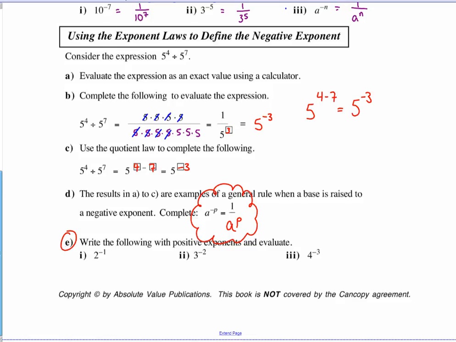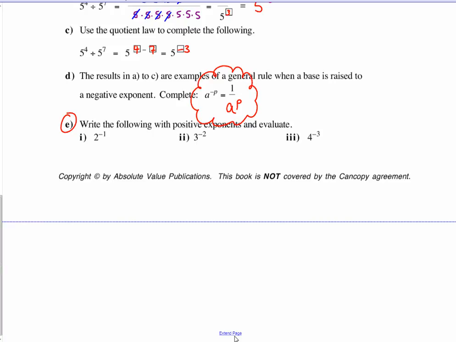As in, don't just leave it, like if it's 3 to the power of 2, then make that 9. Try this. Write it with positive exponents, doing the exact same thing we just did. You done? Or not yet? Did you try? Some of you tried? Come on.